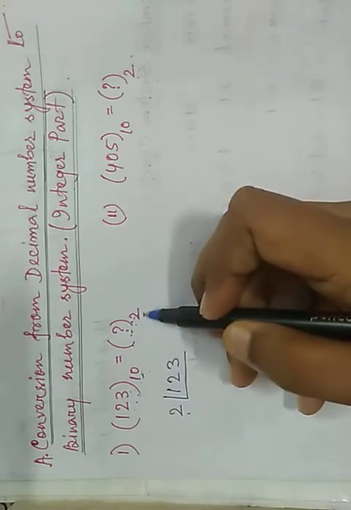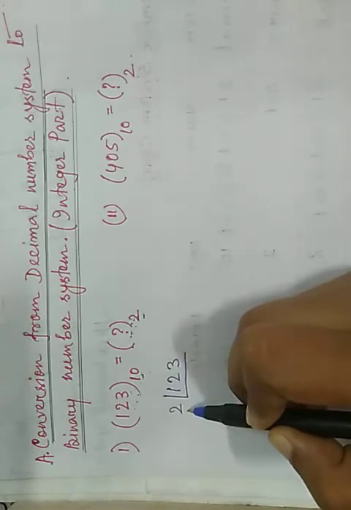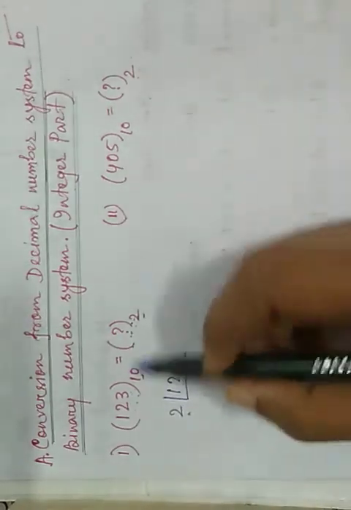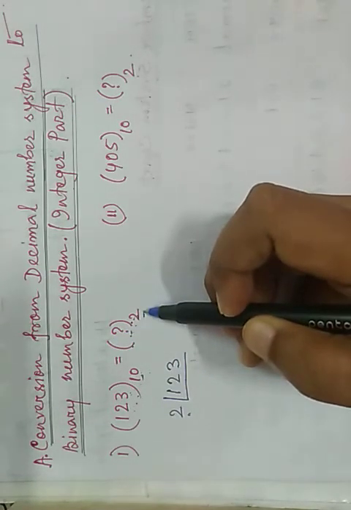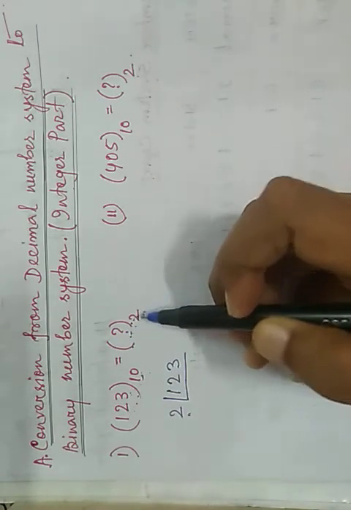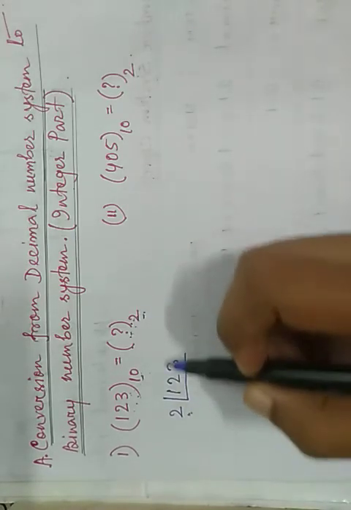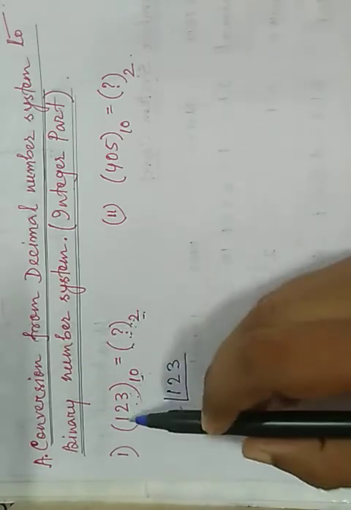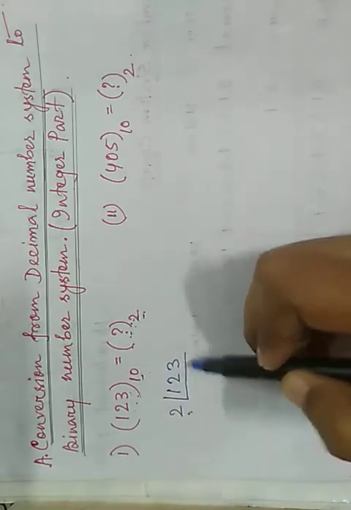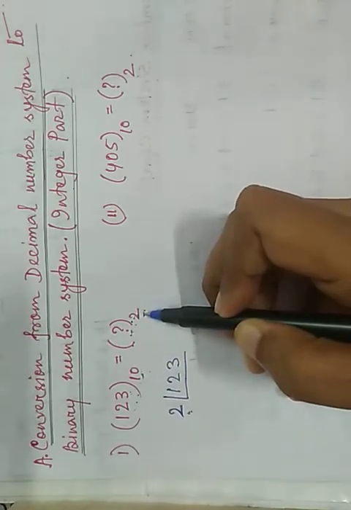If octal, we have to divide it by 8, which we'll see in a later video. And if hexadecimal, then its base is 16, so we have to divide it by 16. Now here we are converting into binary, so we divide the decimal number by 2, because the base of the binary number system is 2.